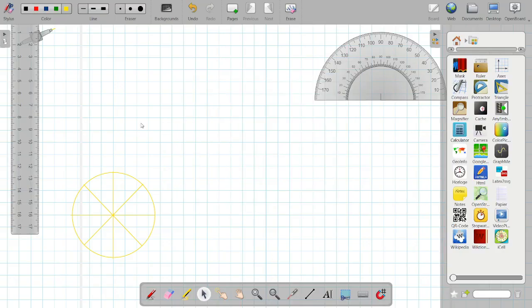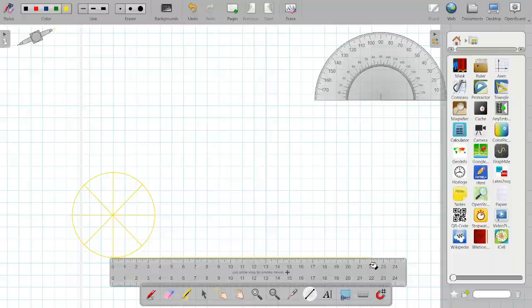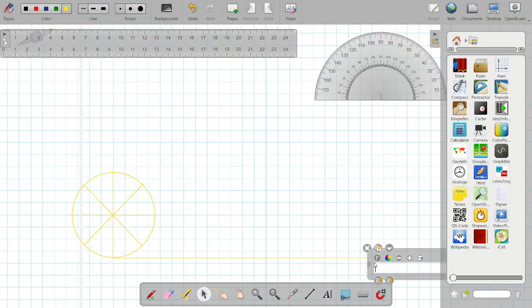So I will make a line of 219.8 mm from this point. Let us name this point as P, so that we will trace the path traced by this end point P in the entire question.